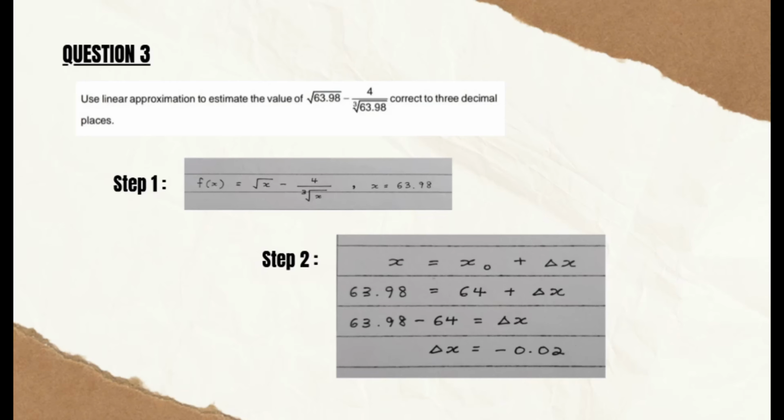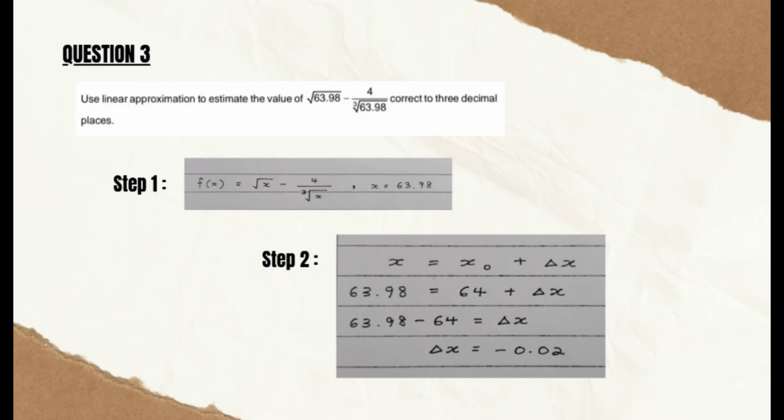For the value of x, we know that it is 63.98, and to find x now, we need to find the nearest number to 63.98, that is 64. To find delta x, we subtract x now from x.